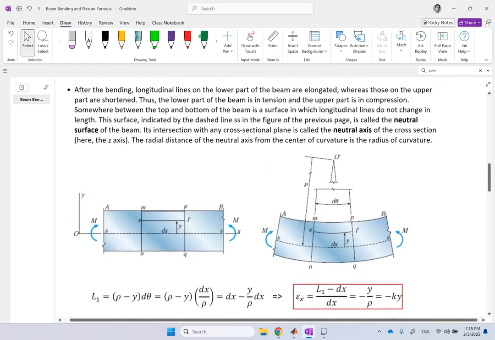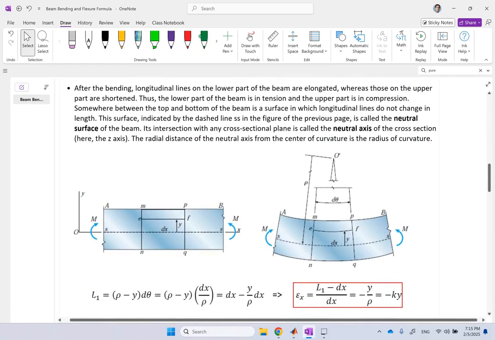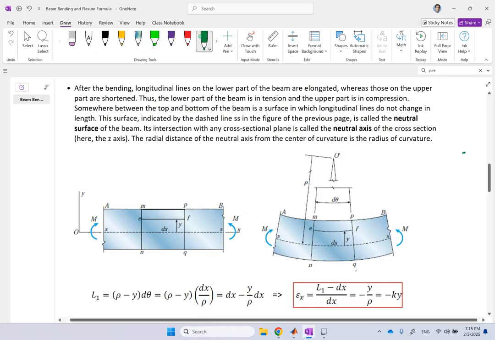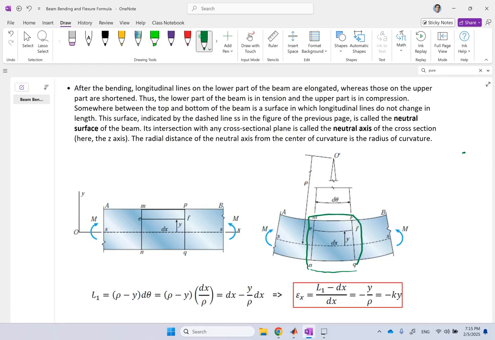Now, moving on, let's see how we can calculate this. So here is a small element inside the beam that is bent. This beam goes from left to right, and here we are only focusing on a small component of it with the length dx. We are also focusing on this arc here, EF, which is not exactly in the middle.